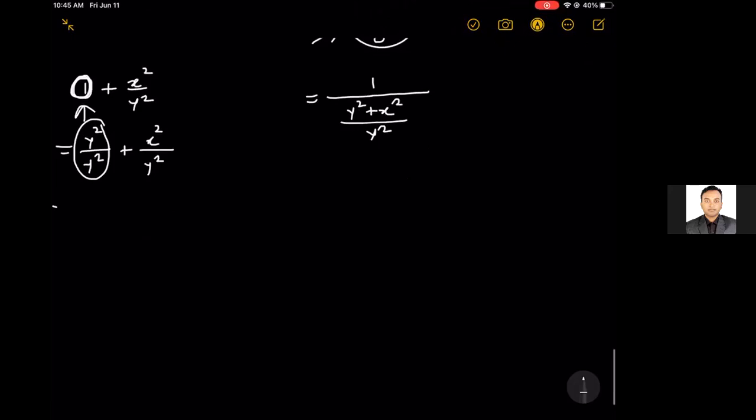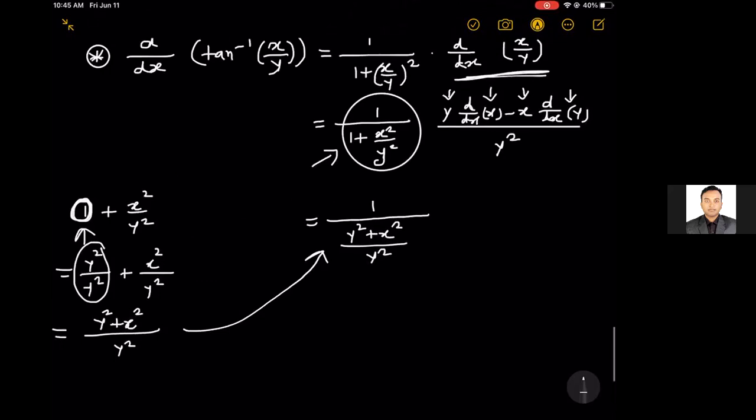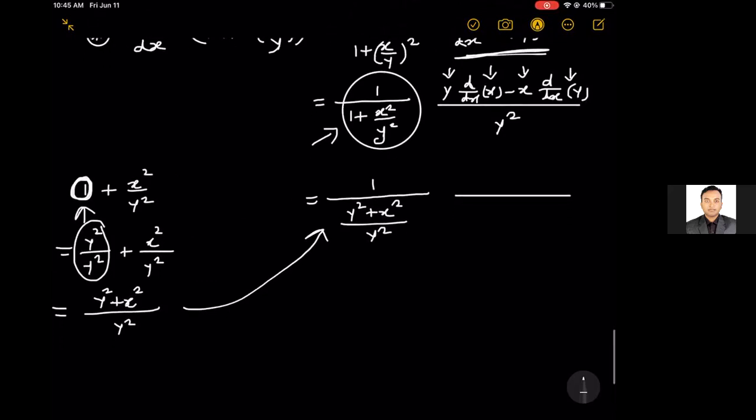So now, since I have the same denominator, I can just add the numerators. And if I simplify the second half, obviously the derivative of x will be 1, and the derivative of y would be dy dx over y squared.